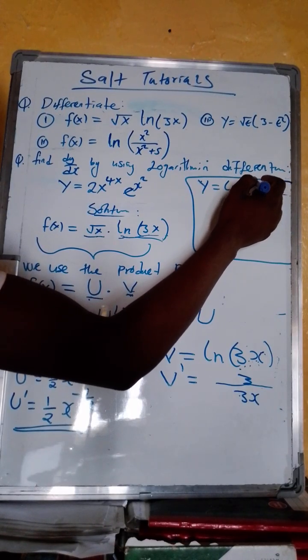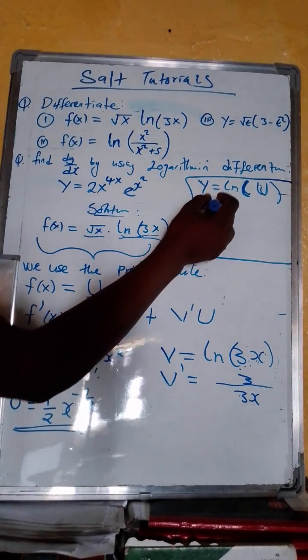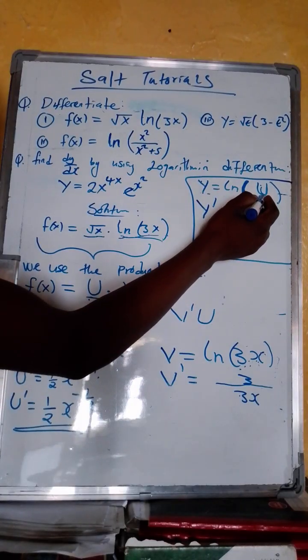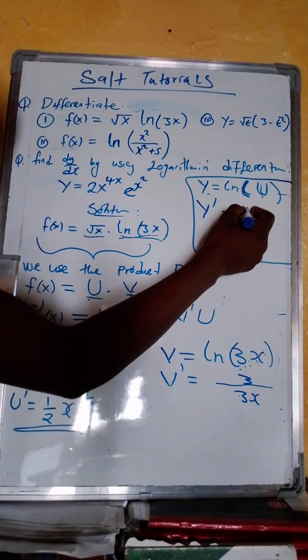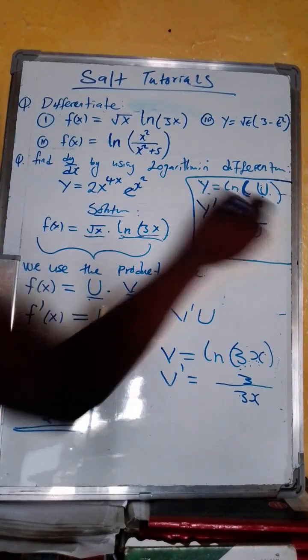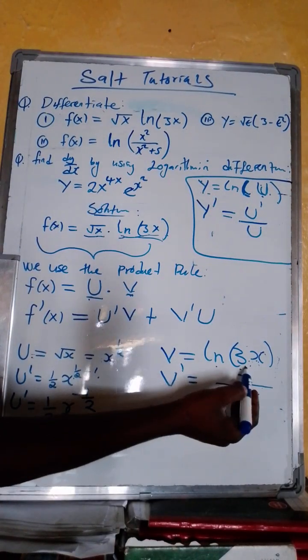Let's call this function u. Then y prime, if we differentiate this, will be equal to the derivative of the inside, which is u prime, over the actual u itself. That's what we mean.